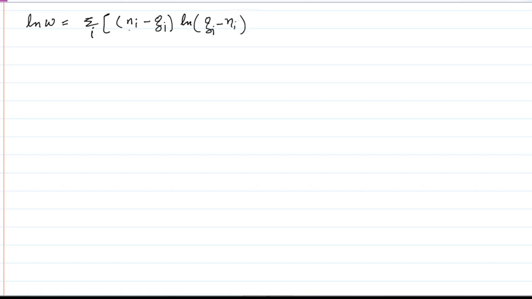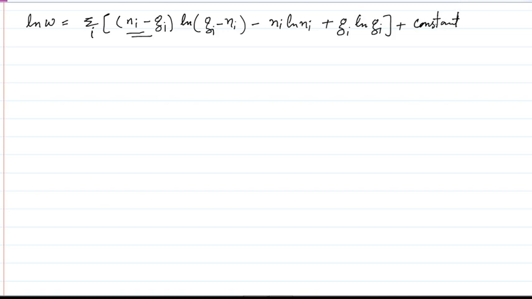You have to remember this point, it is Ni minus Gi, not Gi minus Ni. Okay. Then minus Ni ln of Ni plus Gi ln of Gi plus constant.